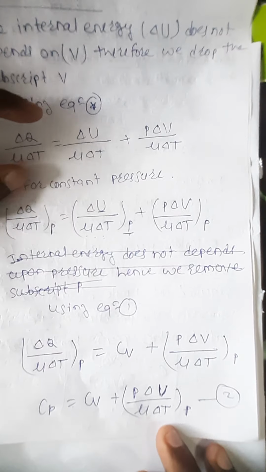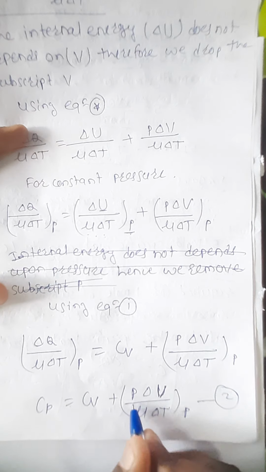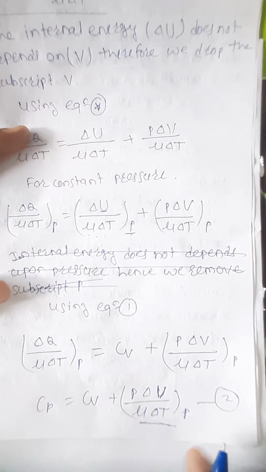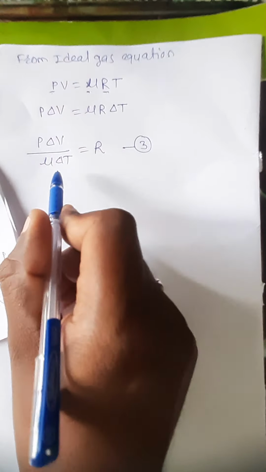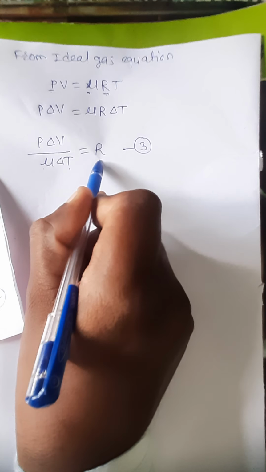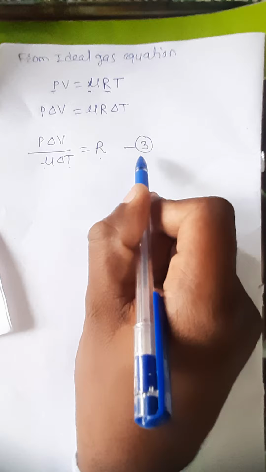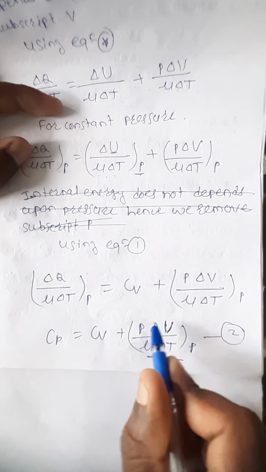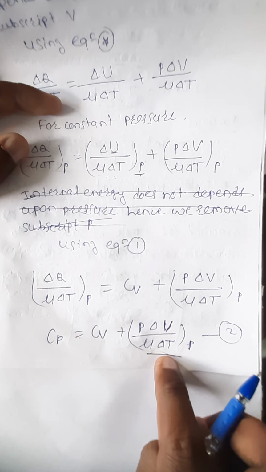Now see, this is equation 2. Equation 2 has the term P into delta V divided by mu into delta T. In place of this term, we have to write R, using equation 3 in equation 2.